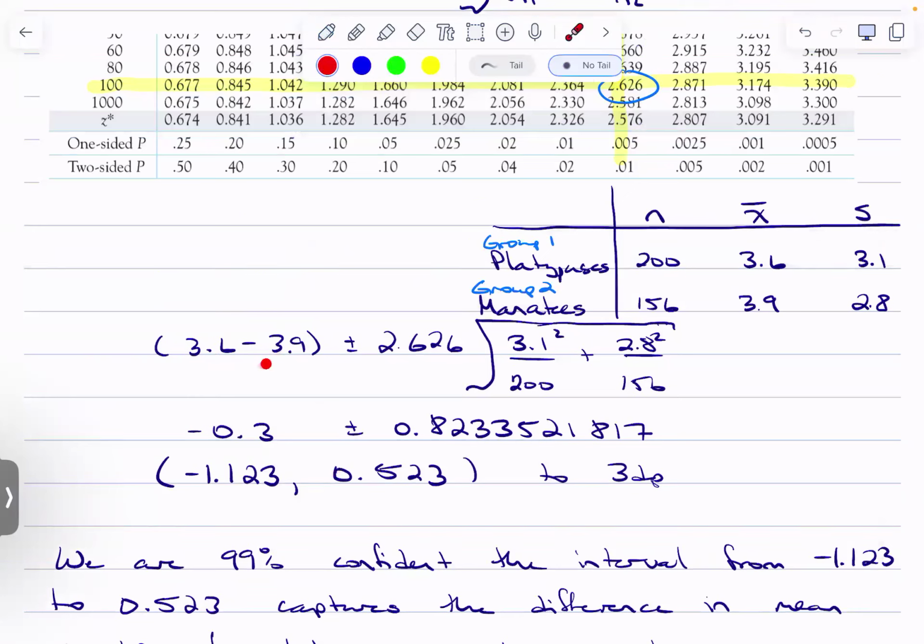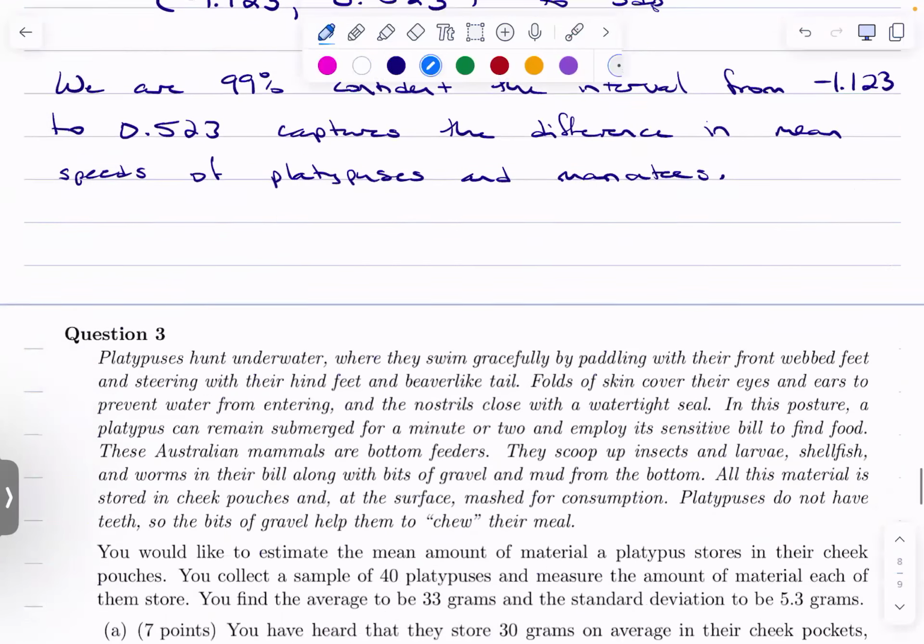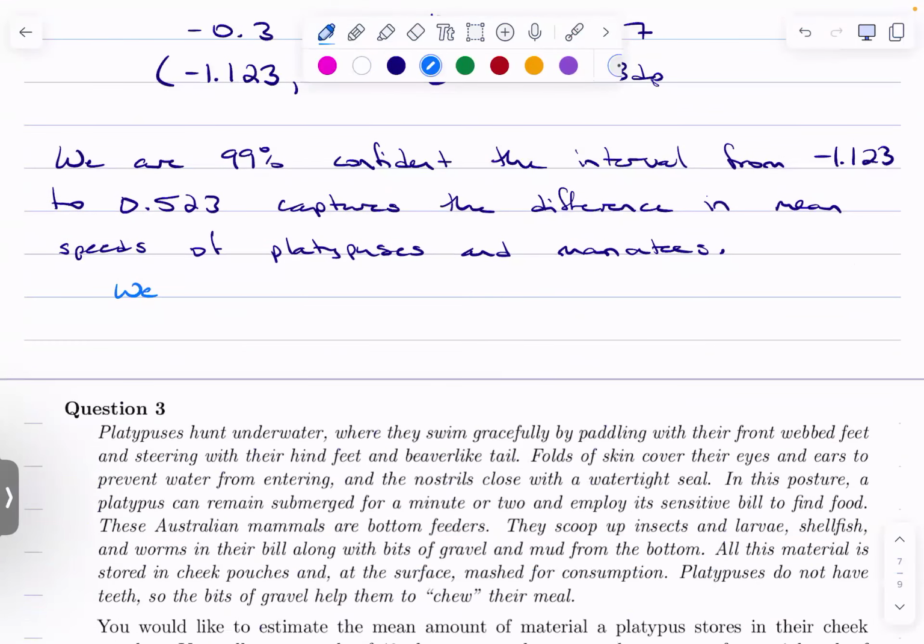Because my point estimate is for the mean of group 1 minus the mean of group 2, we could test the null hypothesis that mu p minus mu m is equal to 0, or the alternative that mu p minus mu m is not equal to 0.